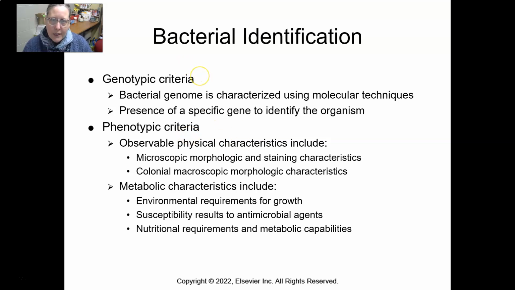So how do we identify bacteria? We have genotypic criteria. This is some of the newer methods where the bacterial genome is characterized using molecular techniques. For example, the BioFire does that. The presence of a specific gene is used to identify the organism.